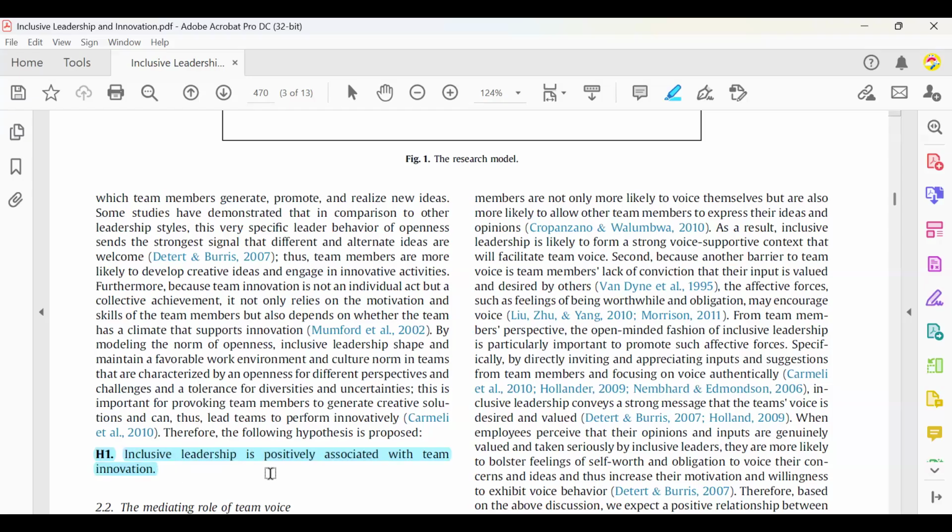As you can see in the hypothesis here, there is a relationship that is proposed between two constructs, the first construct being inclusive leadership and the second construct being team innovation. In addition to the relationship, they are also hypothesizing that the relationship will be positive, which means that as inclusive leadership increases, team innovation is expected to increase. So a positive relationship is being hypothesized.